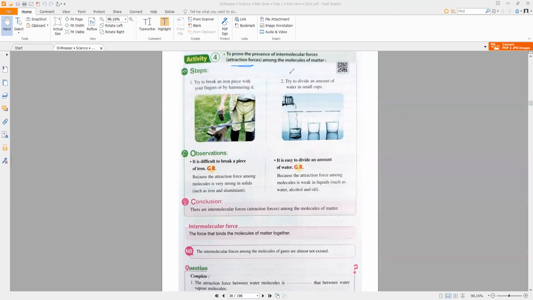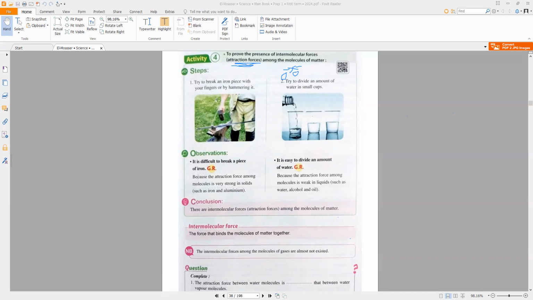What is the meaning of attraction force? If you have molecules, there is attraction force between them. They are close together. This is attraction force. So the type of intermolecular force between the molecules is attraction force.